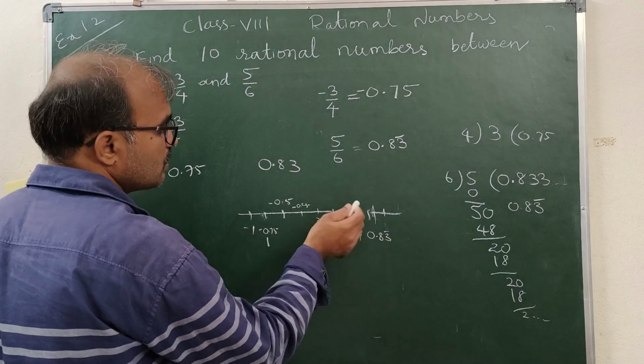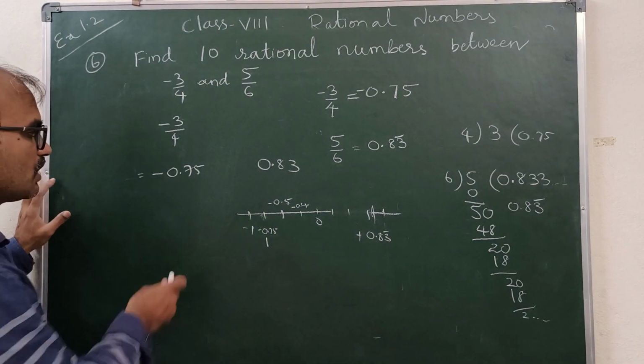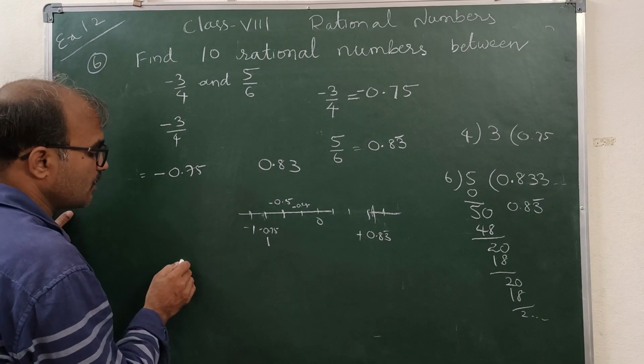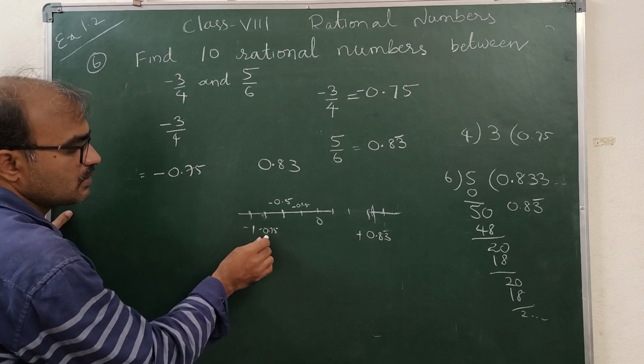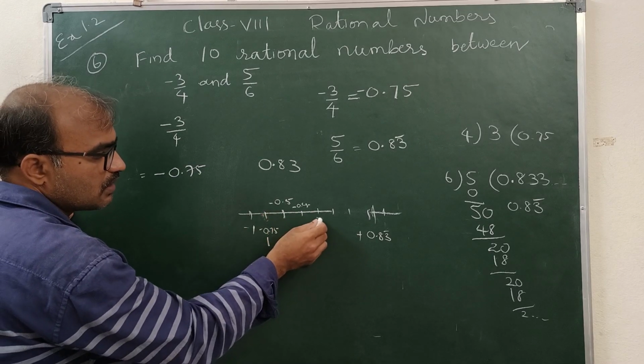So here are all the numbers. How many numbers do you have to write? 10 numbers. So minus 0.75, you start there. After this minus 0.75, if you go in this direction, this is 0.